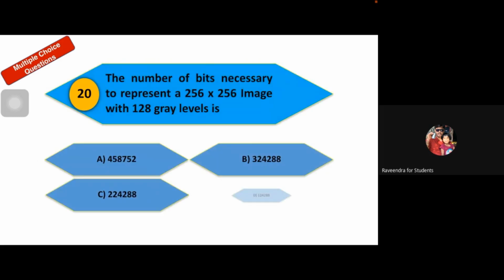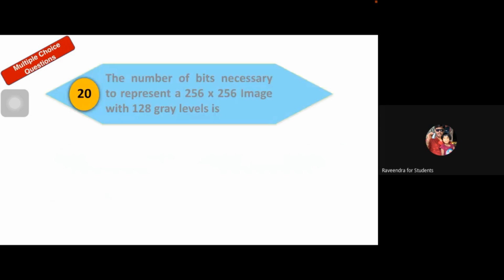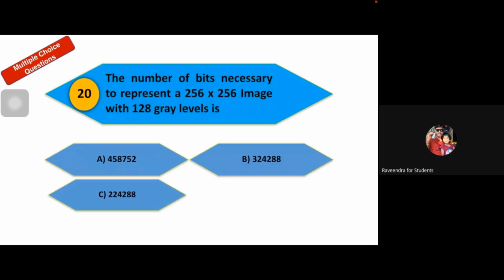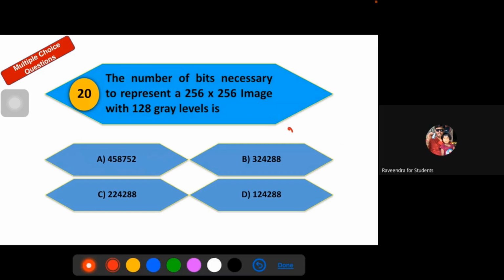The number of bits necessary to represent a 256 by 256 image with 128 gray levels. Again, the same formula: 256 into 256 into 2 power n. Here 2 power n is given as 128.